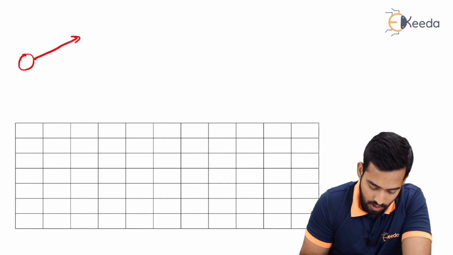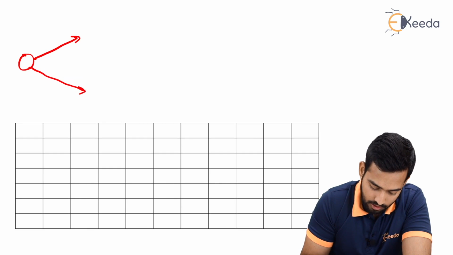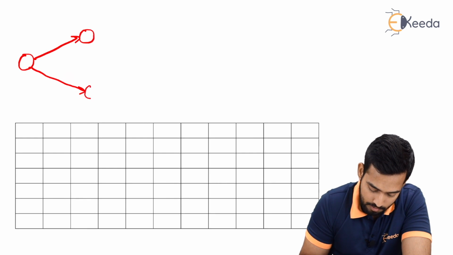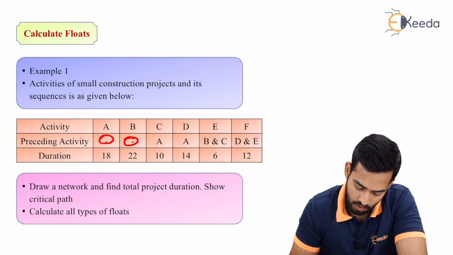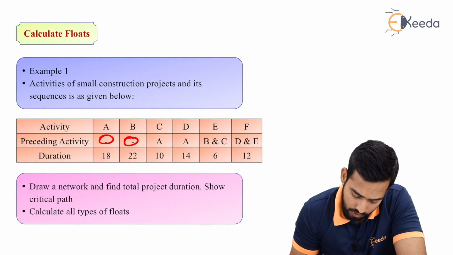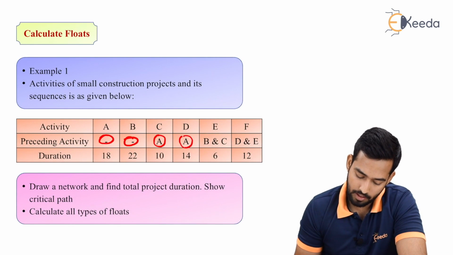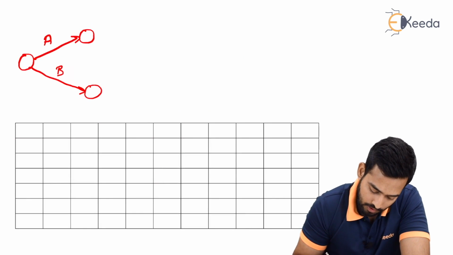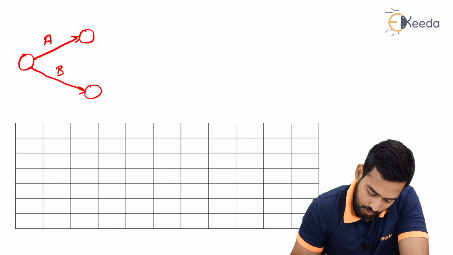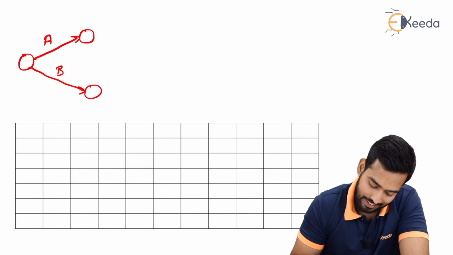From this node we have two activities, A and B. Now from A we have C and D, so from A we have two activities, C as well as D.